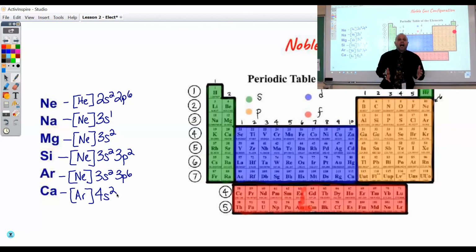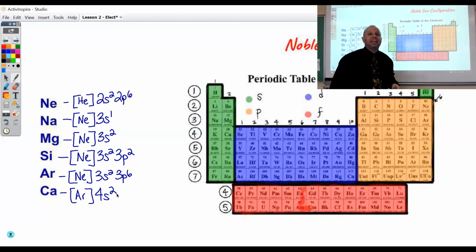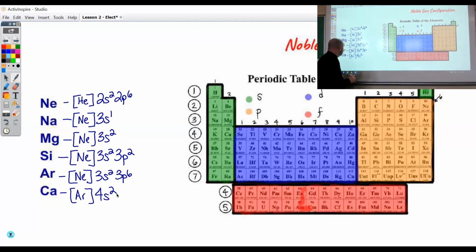Now, to show you how much time this can save you, I'm going to do one more set, and I'm going to show you both the full form and how the noble gas shortcut saves us. The first thing that I'm going to do is write out the full electron configuration for barium.